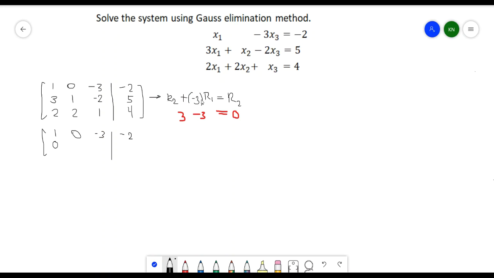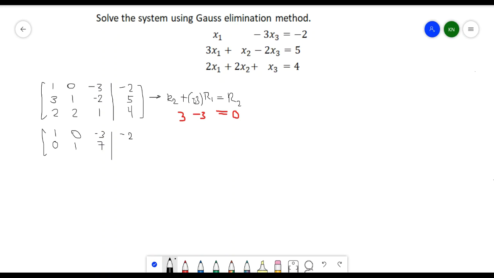We have negative 3 multiplied by 0, which is 0, plus R2's 1, so that is equivalent to 1. Negative 3 multiplied by negative 3 is positive 9, plus negative 2, that is positive 7.